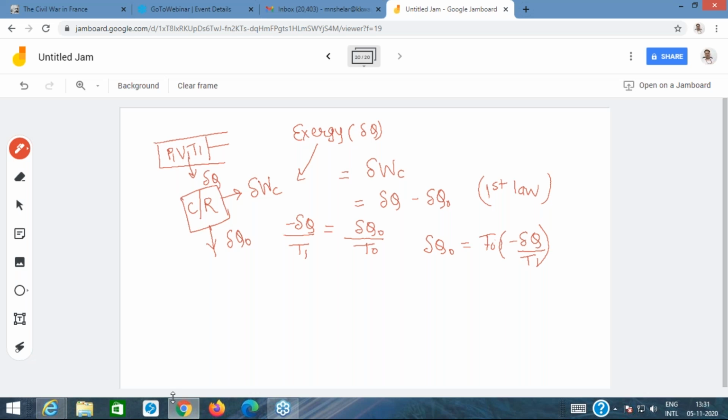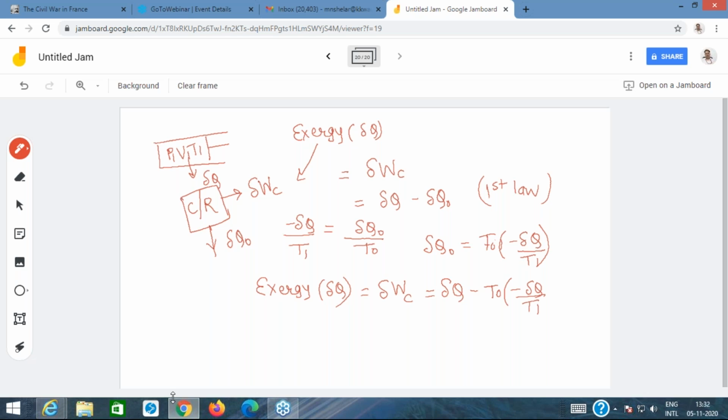So when you substitute this over here, the exergy of del Q is equal to the work output of the Carnot engine, which is del Q minus T naught into minus del Q upon T1.